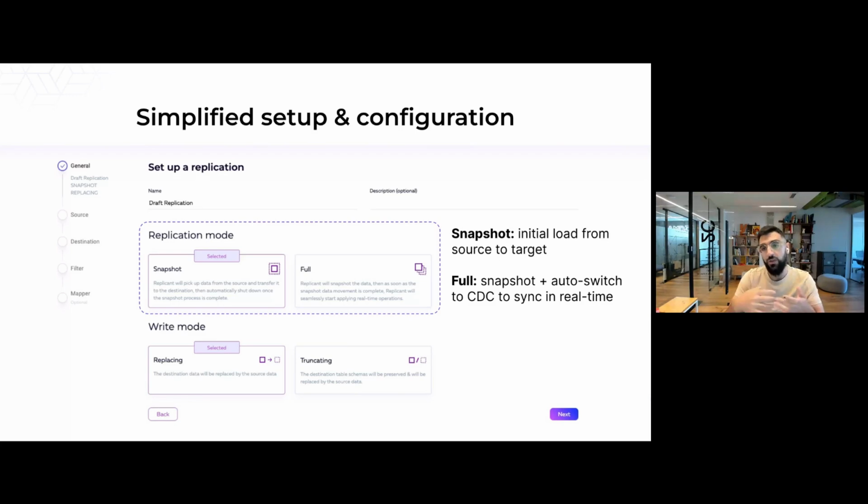Or you can also do a full replication, which will start with a snapshot. And when the snapshot is finished, so when you basically have the same data in the source and in the destination, the same data that you started with, it then transitions into change data capture, which is basically a real-time replication.